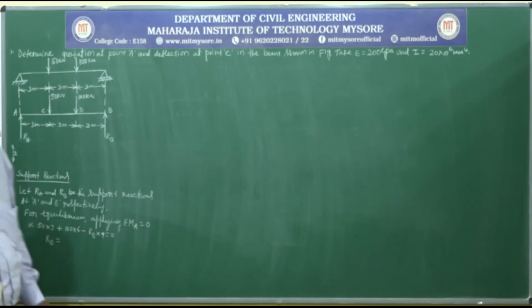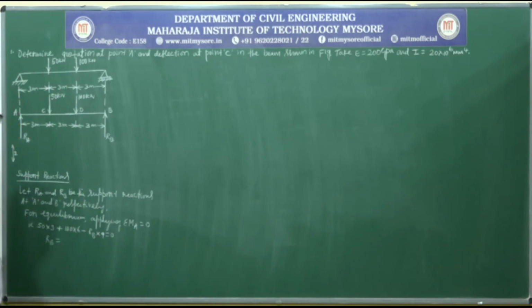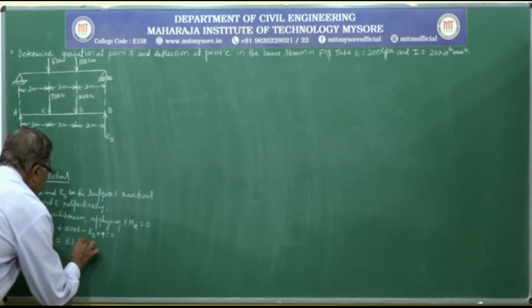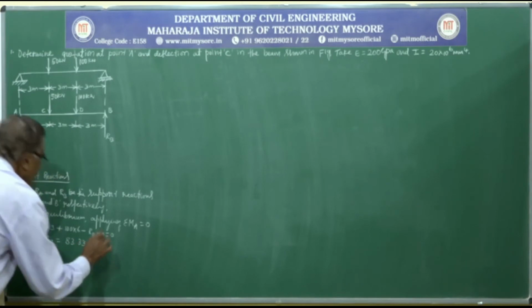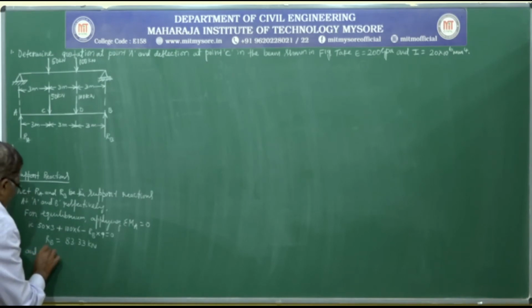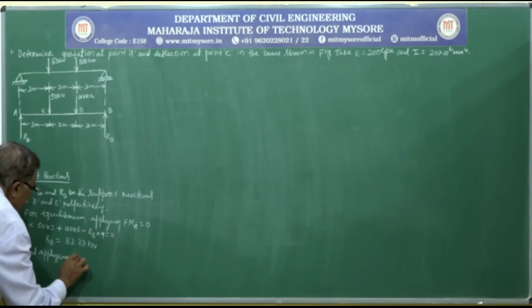So RB is equal to 83.33 kilonewton. Next, applying sigma V is equal to 0.